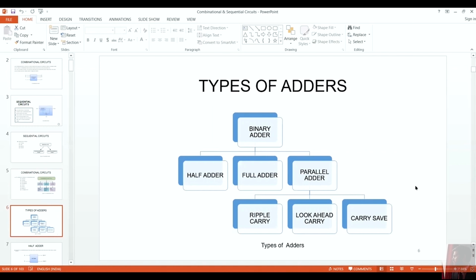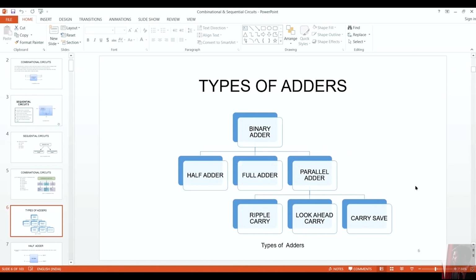But how can this be used in making certain kinds of traffic lights, how can we incorporate different types of flip-flop? This we can do with the help of sequential circuits. So now I hope everybody is clear what is a combinational circuit, what are sequential circuits, and on which parameters they can be segregated. So I hope this is clear.